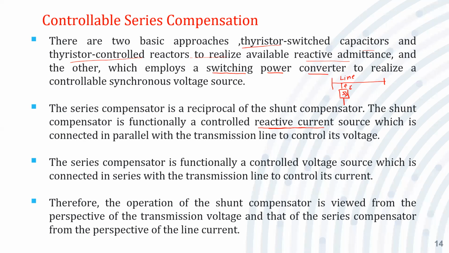Whereas a series compensator is functionally a controlled voltage source which is connected in series with the transmission line to control its current. So here this is the series compensator. It may be a FACTS device, and here it is going to inject the voltage in series with the transmission line. So this is the difference.